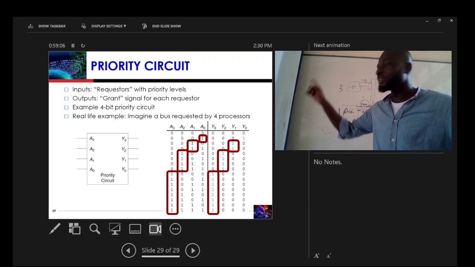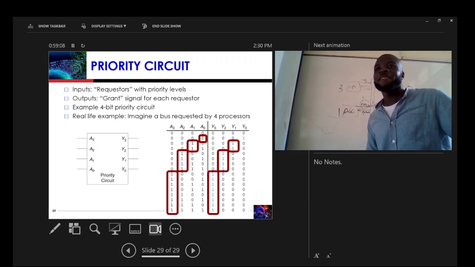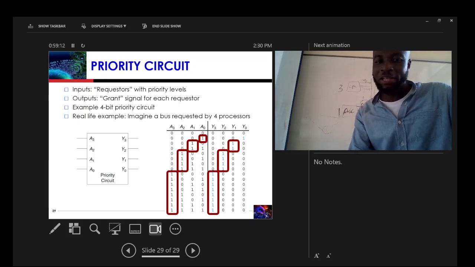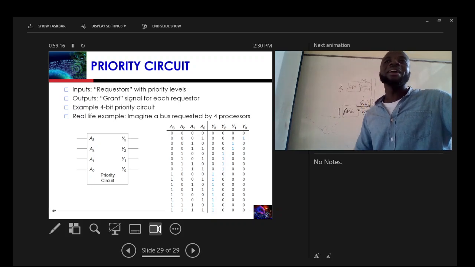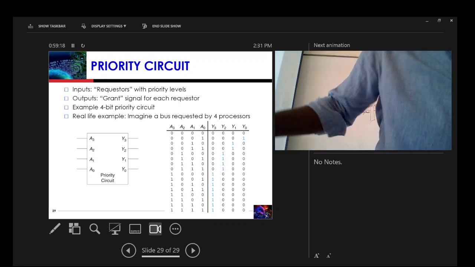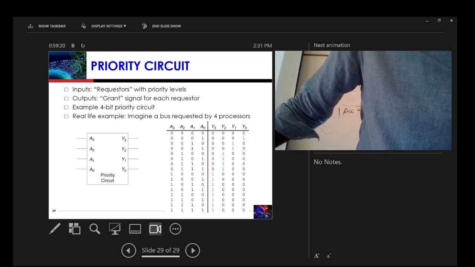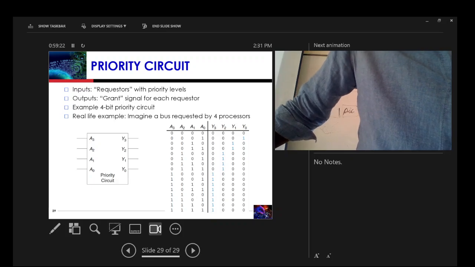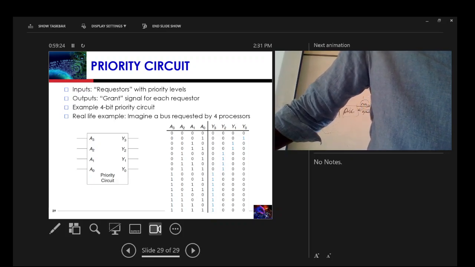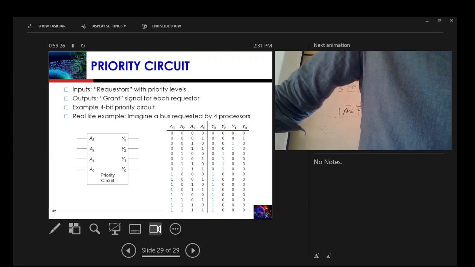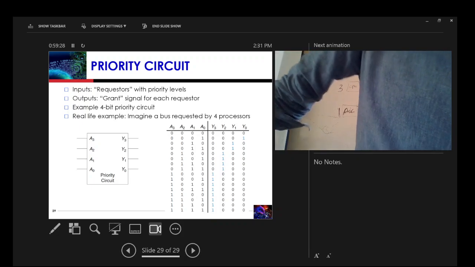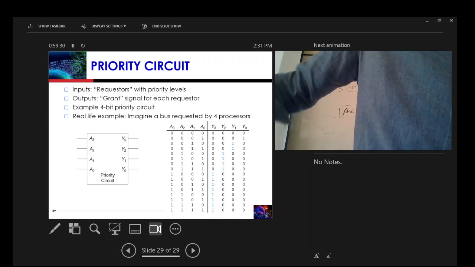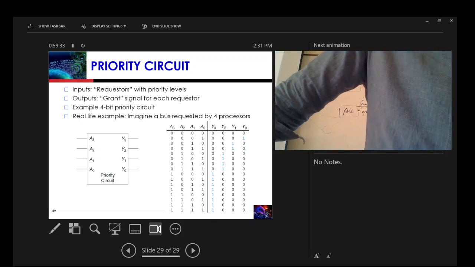So can you draw the circuit for this, based on this truth table? If anybody can draw the circuit, I will give you 20 marks. You just draw it, then we are done. 20 marks free. Use logic gates, just AND gates.